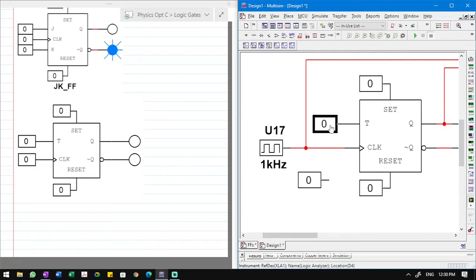When the T input is on, the clock assumes control of the outputs of the circuit. Remember, I'm clearly not paying attention to the preset right now. So once T is on, the clock assumes control of the outputs.